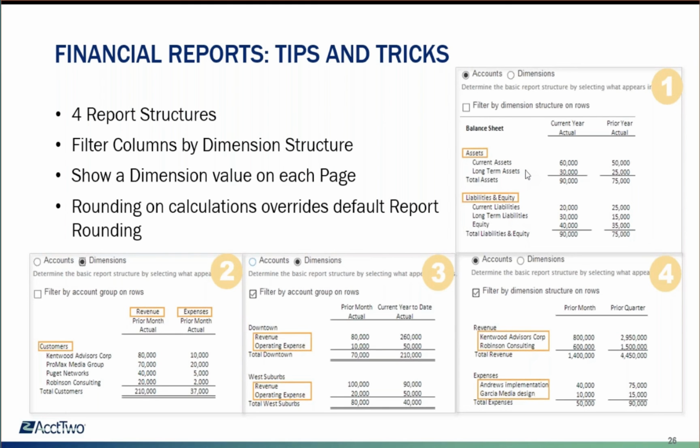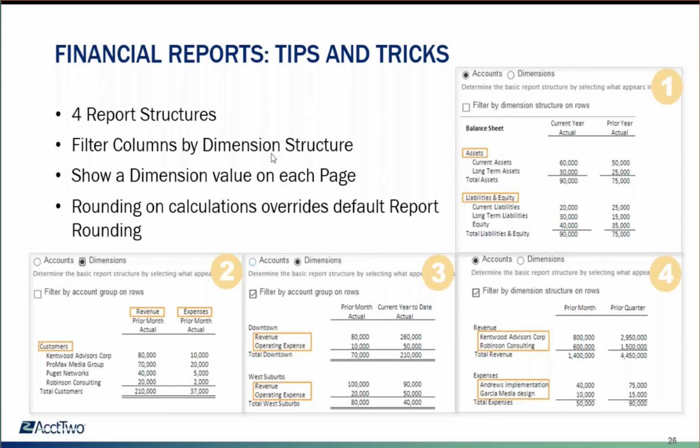And sometimes you don't want to expand by the whole dimension. Sometimes you want to put the dimensions in a certain order. So that's when we need option 4, which is account groups filtered by a dimension structure on the rows. All right, enough of that.